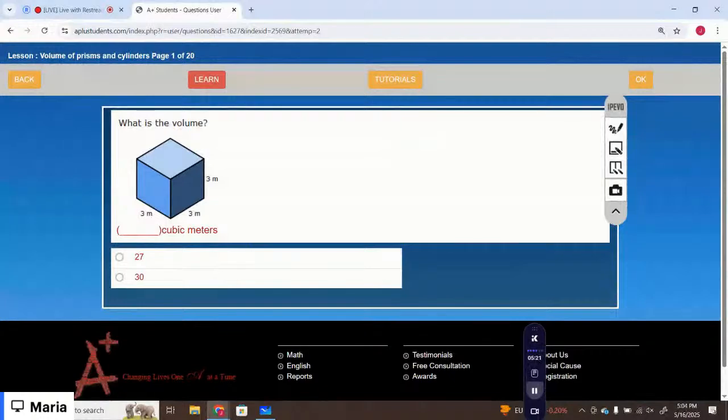That is 27. Option number 1 is the correct option.